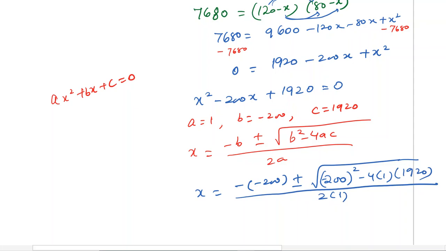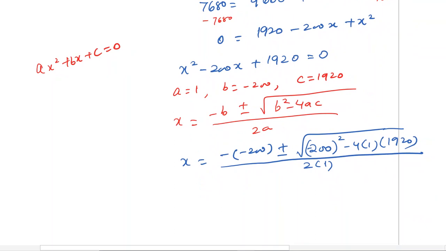By solving it, we get x is either 190 meters or x is 10.1 meters.